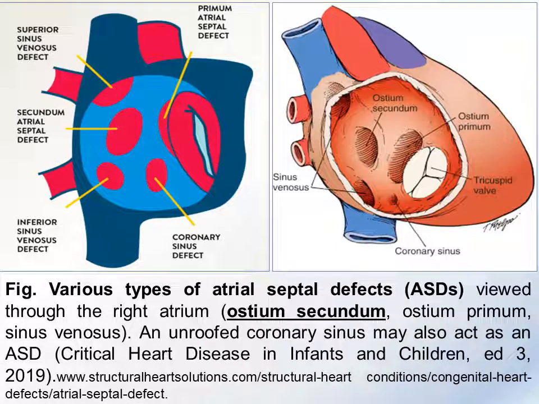This figure shows various types of atrial septal defects, including the primum atrial septal defects, secundum atrial septal defects, which is the most common type, the superior and inferior sinus venosus defects, and finally the coronary sinus defect.